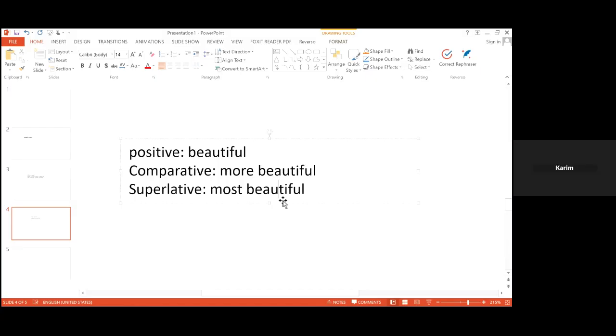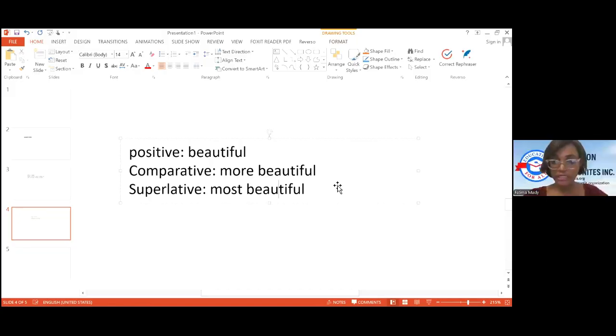Okay. So it's just to tell you that for the comparative form, we have adjectives that end with er, but now we also have adjectives that take more in the comparative and most in the superlative. For example, we have more beautiful, more intelligent, and most intelligent.